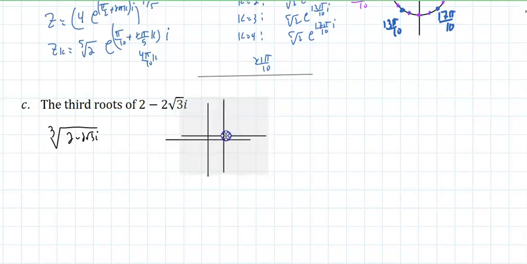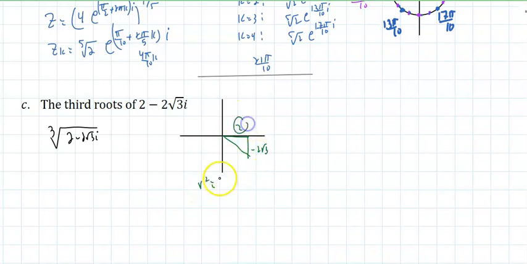Now I saw this in engineering mathematics as well when we were doing residues. So you go 2 to the right, negative 2 radical 3 down, and that makes r squared equals 4 plus 4 times 3, that's 16, so r equals 4.